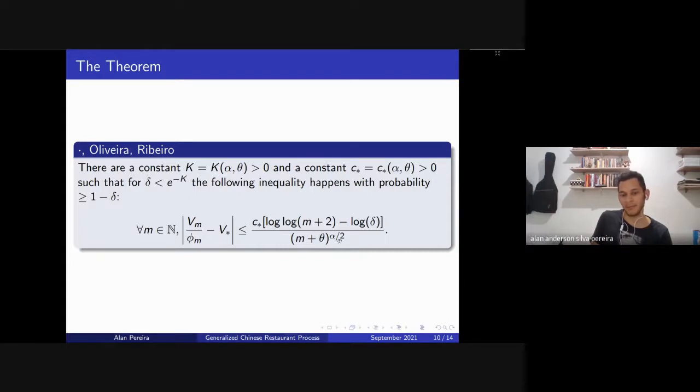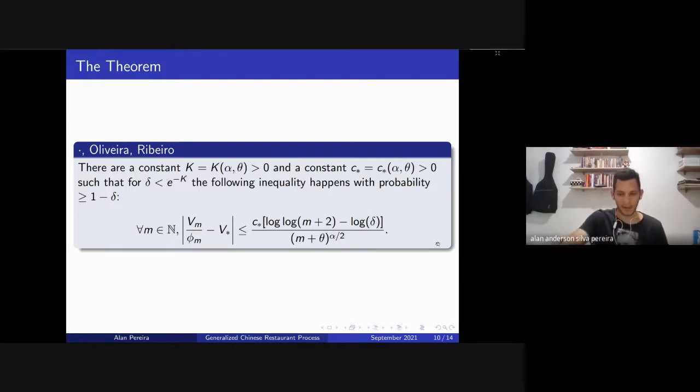It's not so significant. The influence of delta is not so big because we have a power of m here. So it's a useful parameter here. Okay. Any questions?